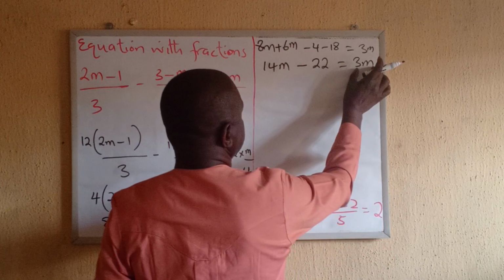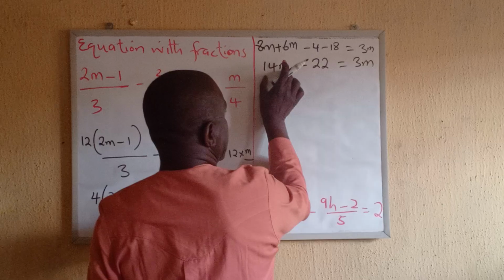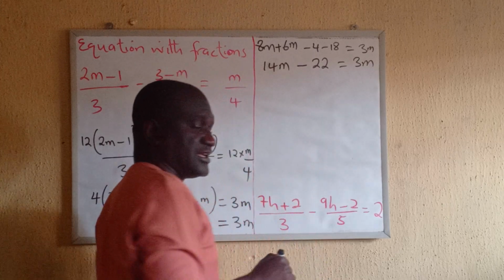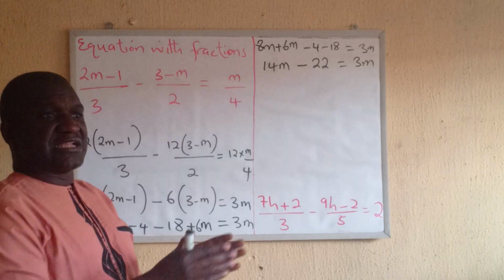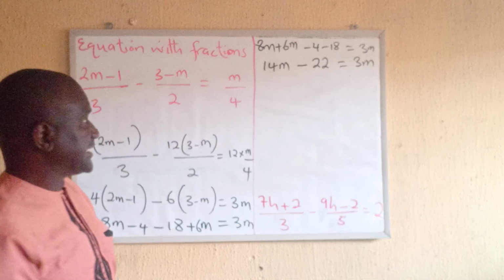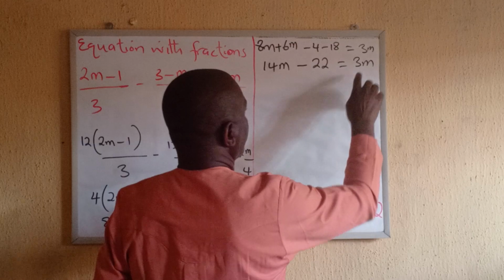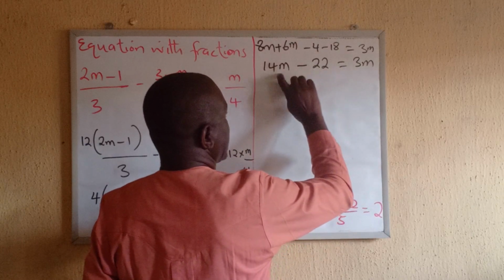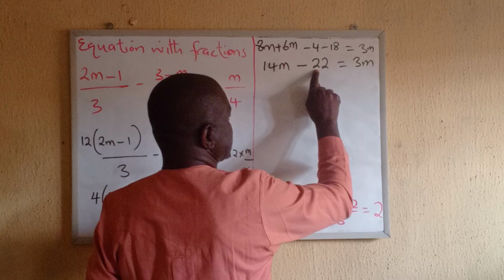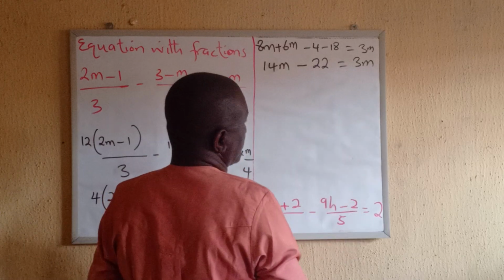Now this 3m and this 14m are on different sides, and we said in solving equations, we make sure that the alphabet is on one side and the one without the alphabet at the other side. So if you look at here, this 3m will come and meet 14m. Then minus 22 will go to the other side.